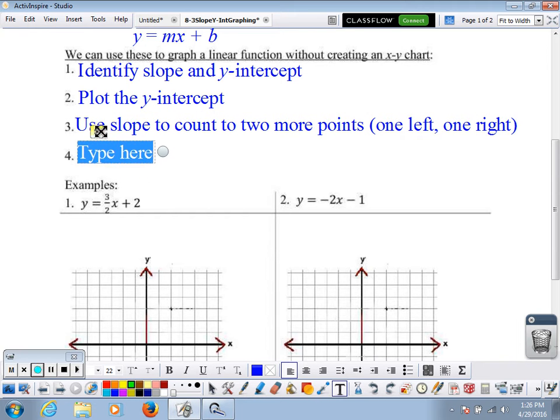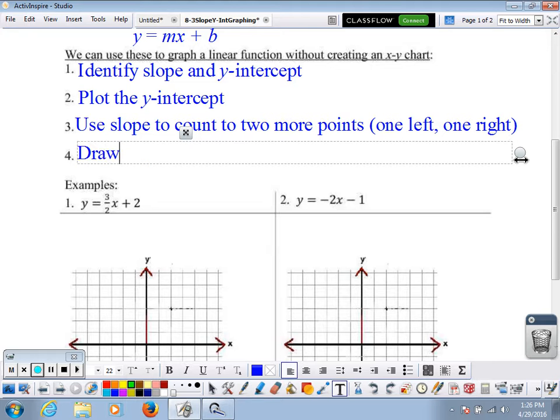Then we're going to take a pause, step back, and look at the graph. It should be a straight line. If we did everything correctly, the points should be in a straight line. If they're not, go back and check because something went wrong. But if they are, we're going to draw the straightest line we can through all 3 points.